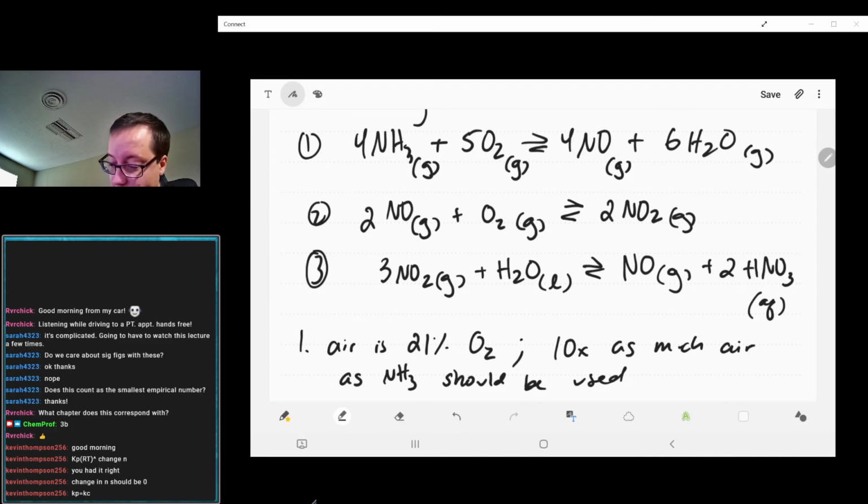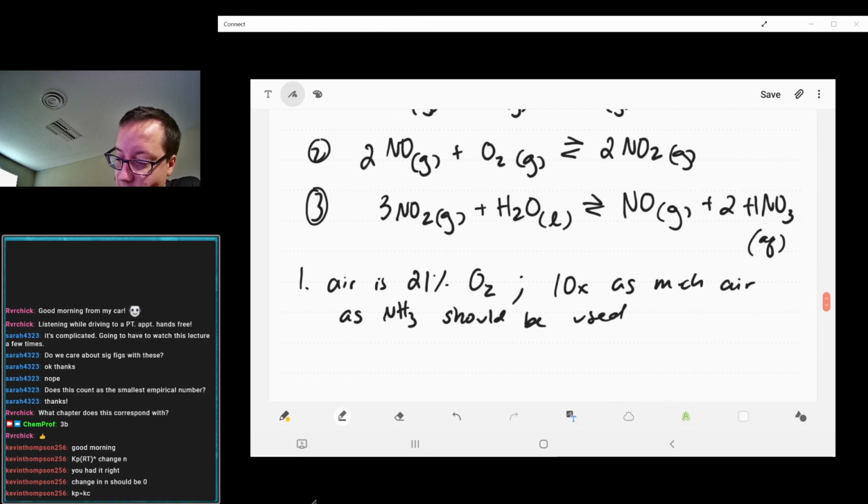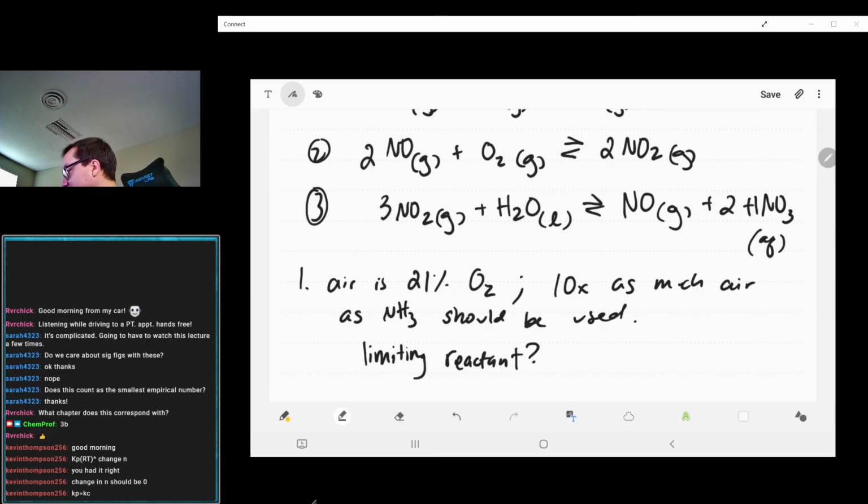So let's see, what's the limiting reactant? And then from that, let's see what happens as a result of this.